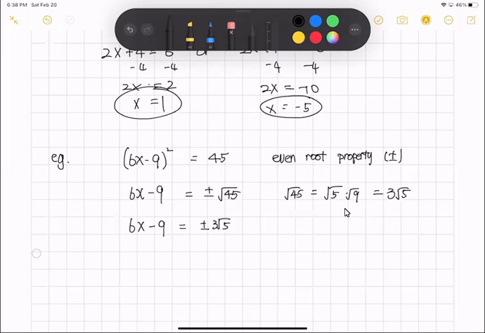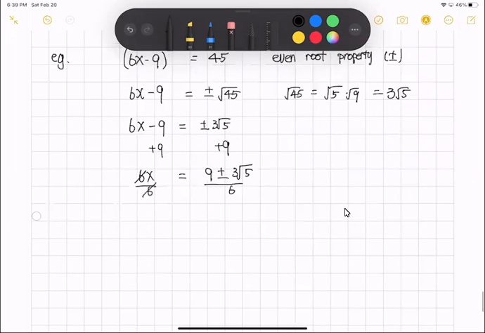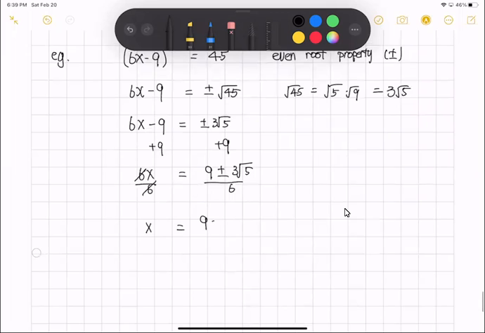Okay, so in this case, we don't need to separate, because that radical root can be simplified. We can just use the equation. So we add 9 on both sides. I have 6x equals 9 positive and negative 3 square root of 5. So x equals 9 plus or minus 3 times the square root of 5, divided by 6.